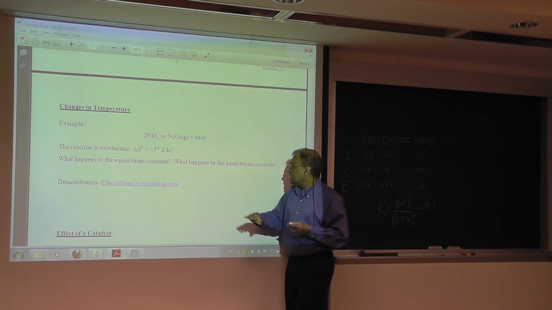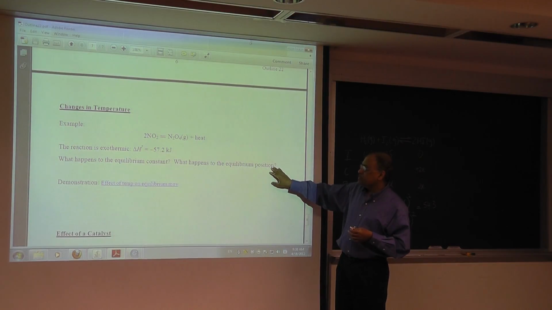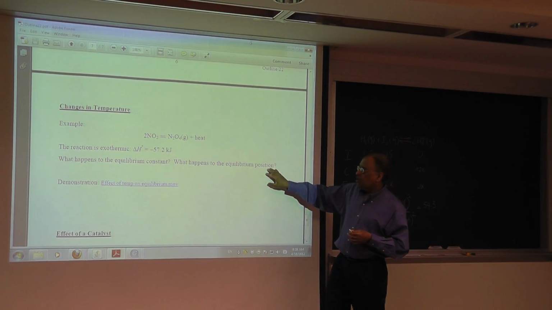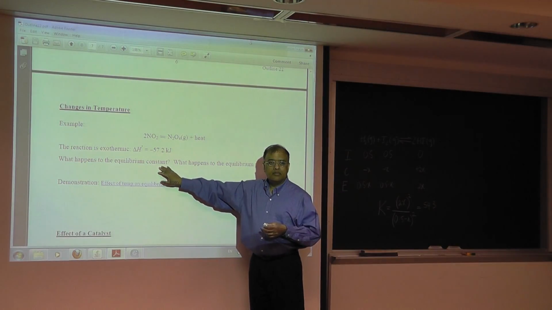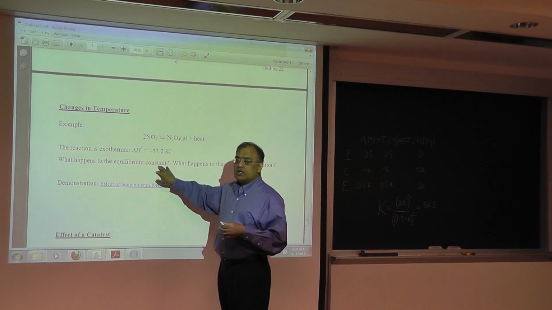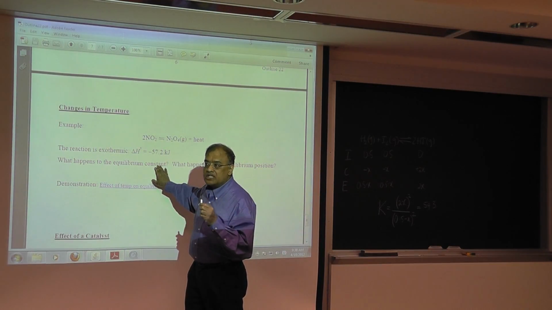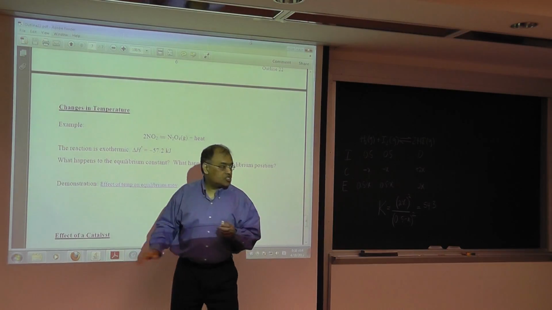What happens to the equilibrium constant? We just said that the equilibrium position goes to the left. The equilibrium constant is dependent on temperature. It changes.